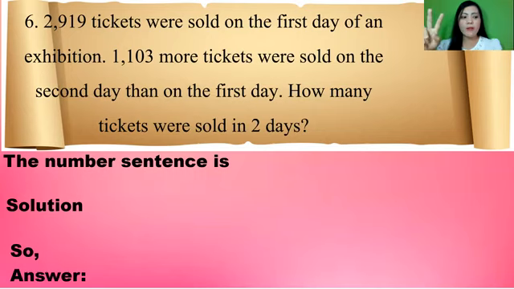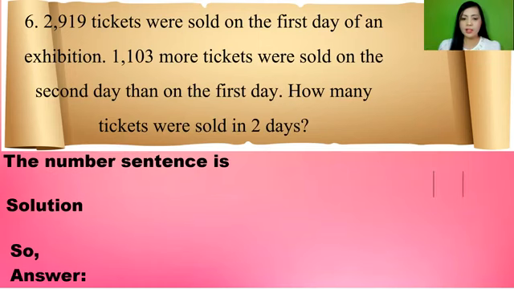So we are looking for the tickets for the first day and the tickets for the second day, because it's 2 days. So look at the problem properly. Tickets were sold on the first day, and 1,103 more tickets were sold on the second day. I'm going to give you 3 to 5 minutes. You can answer by yourself there.